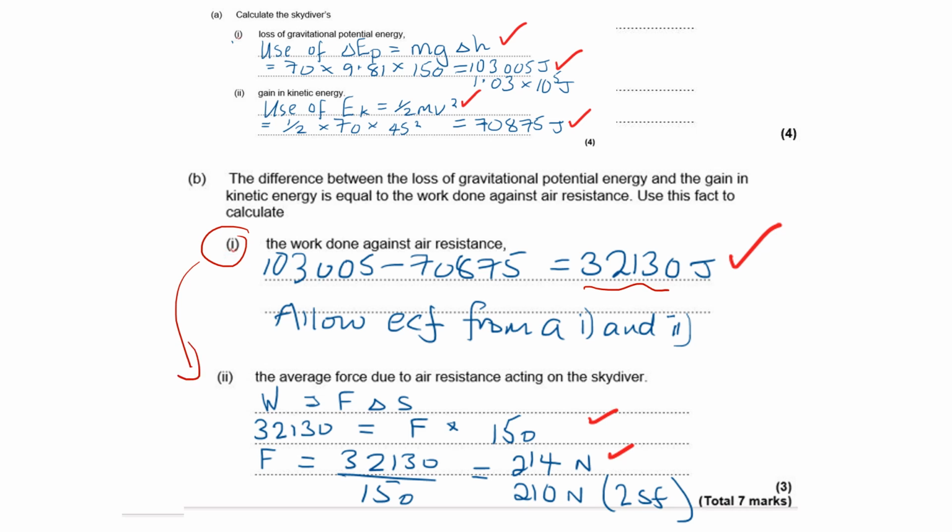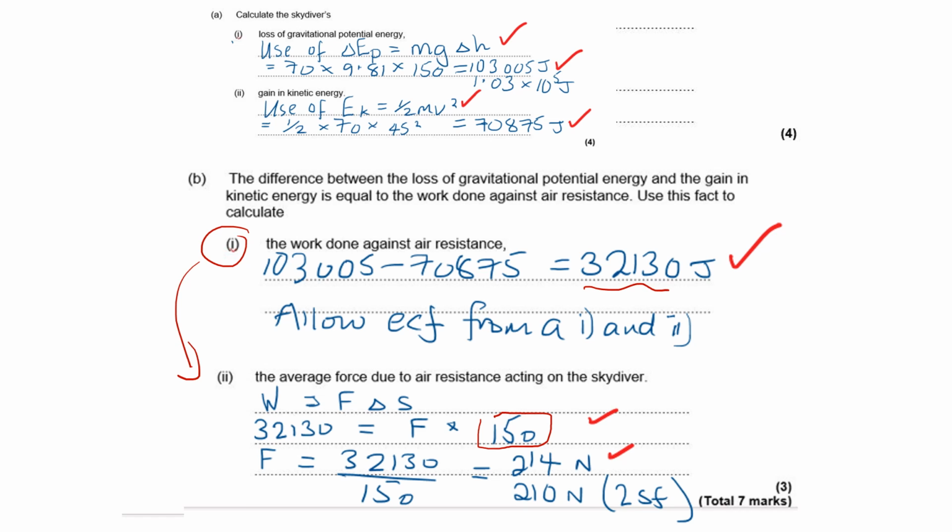And so 32,130 is equal to F, which is our average force due to air resistance, multiplied by the distance, which is 150 meters, and that 150 meters was given at the beginning of the question. And then we can just rearrange that to get F equals 32,130 divided by 150, and that's equal to 214 newtons. So that was 7 marks in total.